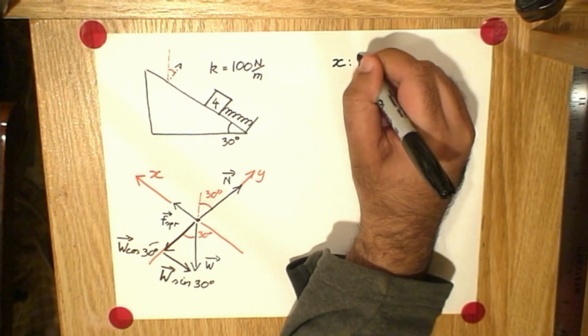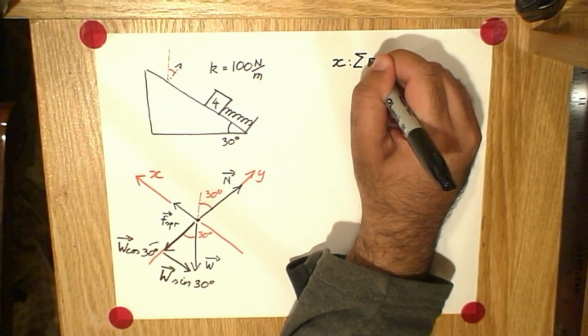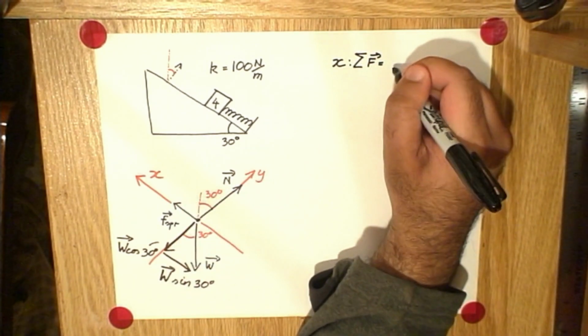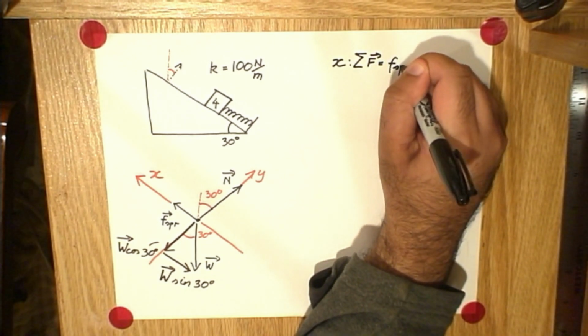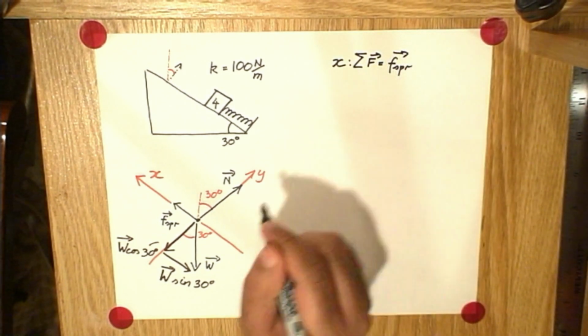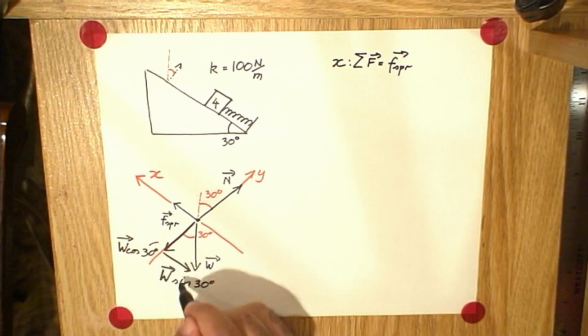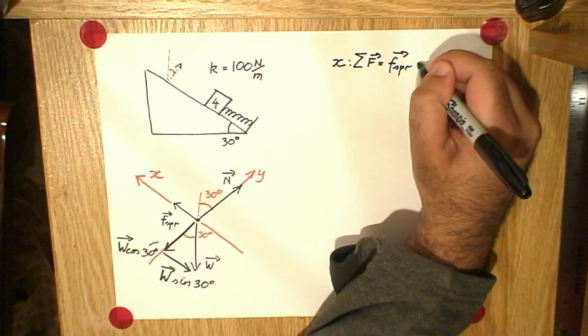In the x direction, the total force is given by the spring force pointed in the positive direction minus the component of weight which is in the negative x direction. That's weight sine of 30 degrees.